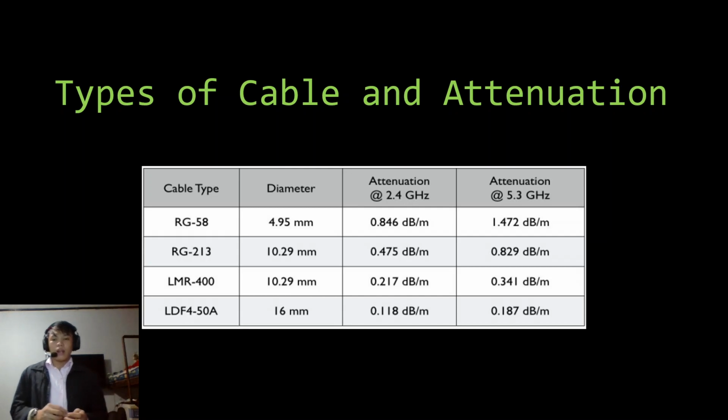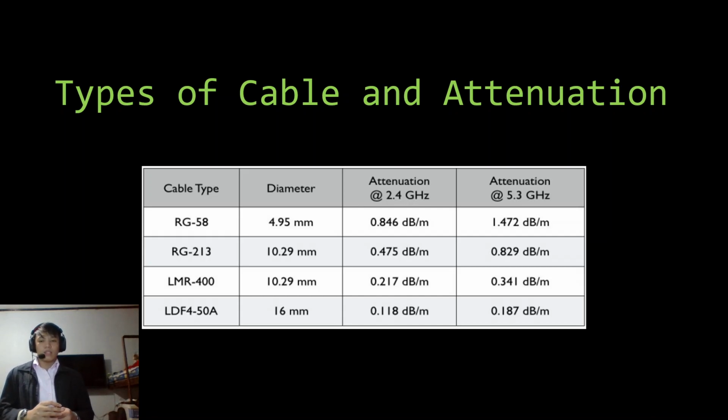So in the next one, the LMR 400 cable type, its diameter is the same as RG213 at 10.29 millimeters also, and the attenuation at 2.4 gigahertz is 0.217 decibels per meter, and the attenuation at 5.3 gigahertz is 0.341 decibels per meter.